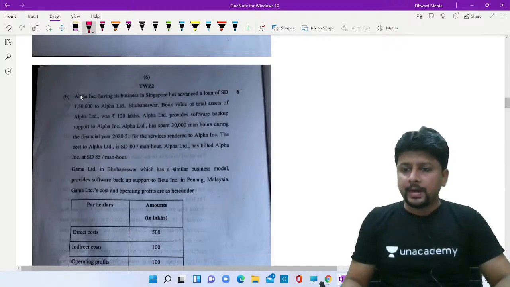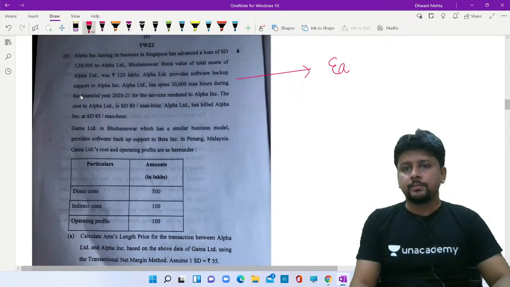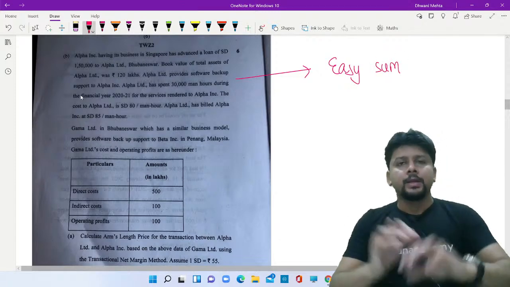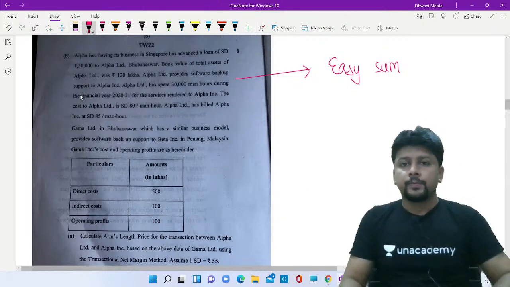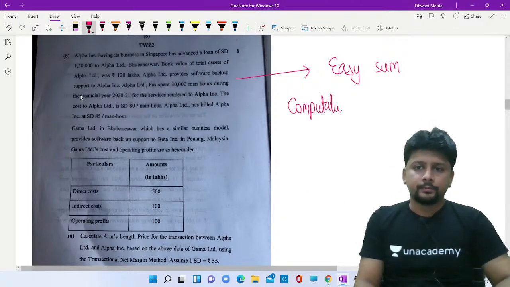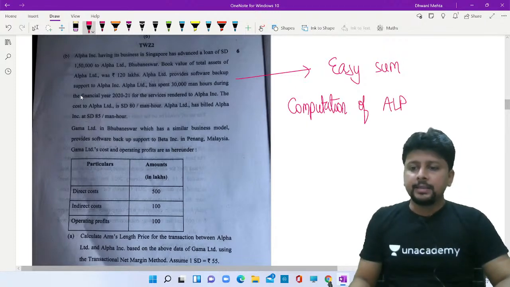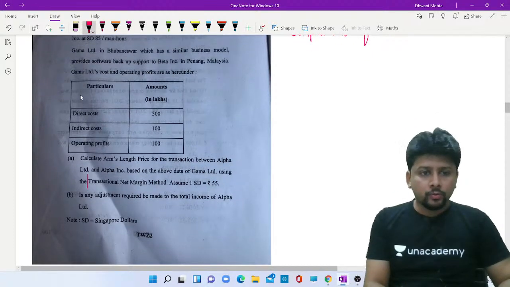Question number 2, part B. Well, again, an easy sum. Easy because it is a standard sum based on transfer pricing. In fact, this sum is talking about computation of arm's length price, and the examiner has actually made your life quite simple because he has told you the method also that you have to apply.